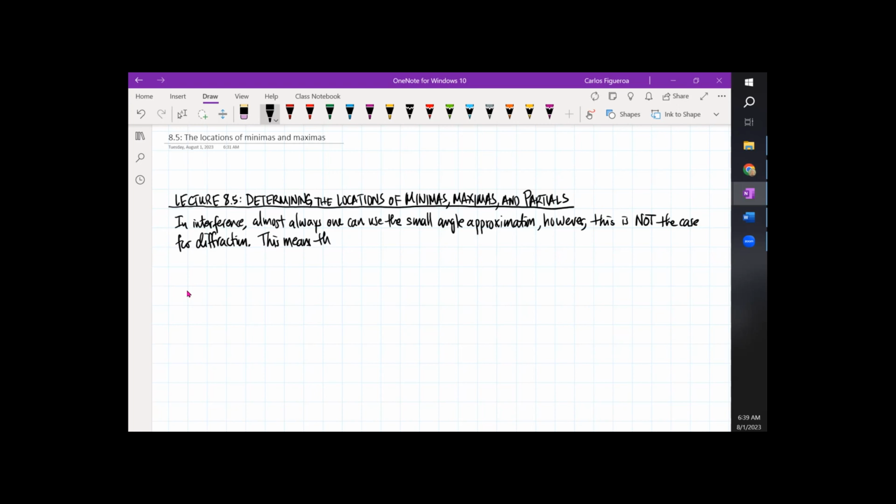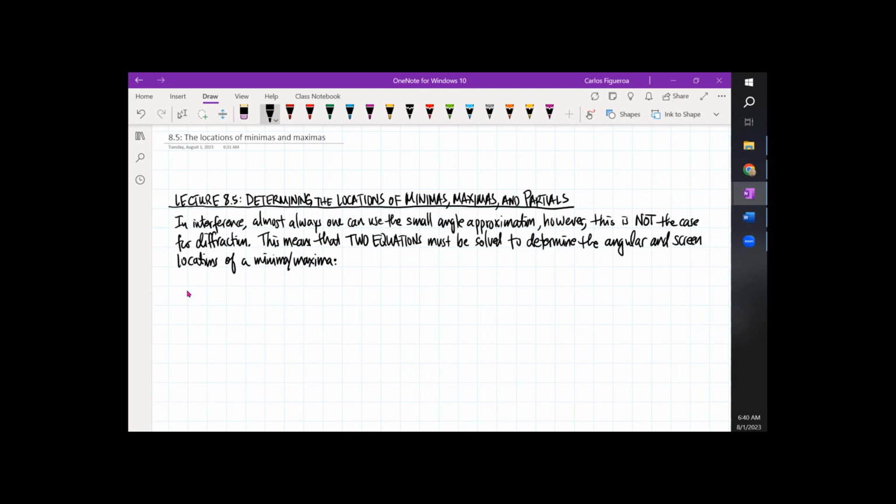This means that two equations must be solved to determine the angular and screen locations of a minima/maxima, or in that case, a partial.